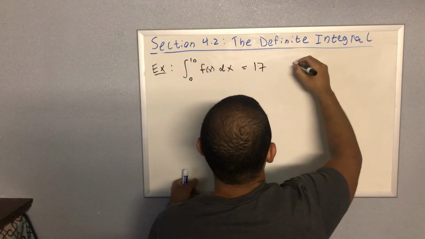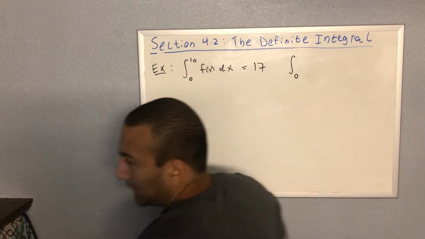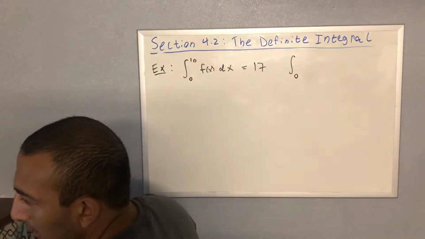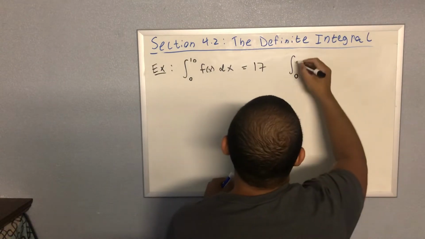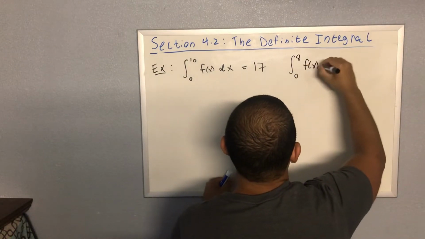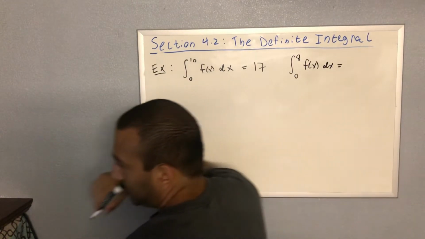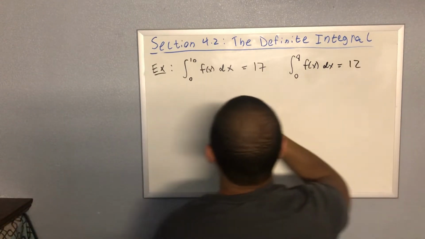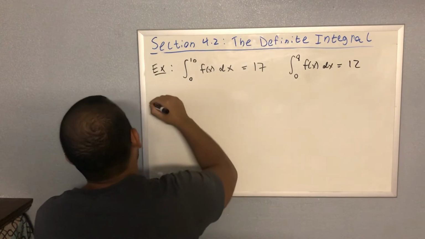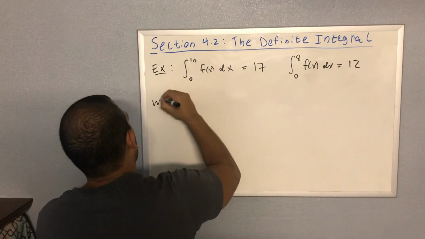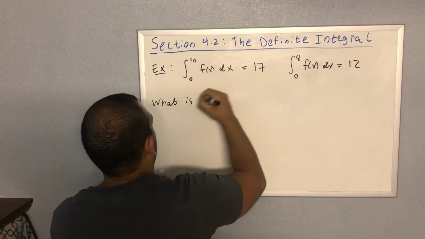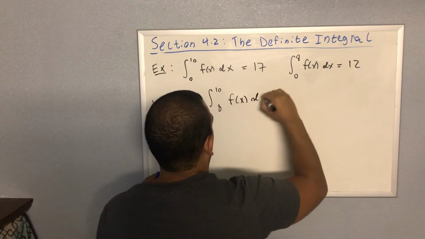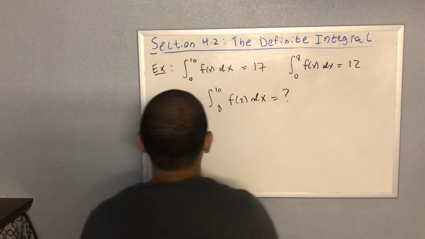And we have another integral of the same function, both are f of x, where the area from 0 to 8 is 12. So suppose this is true. Now we ask the question, what is just the area from 8 to 10?